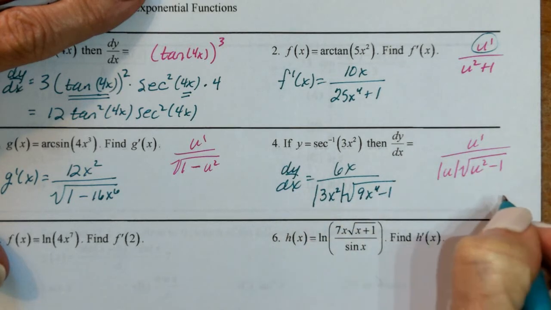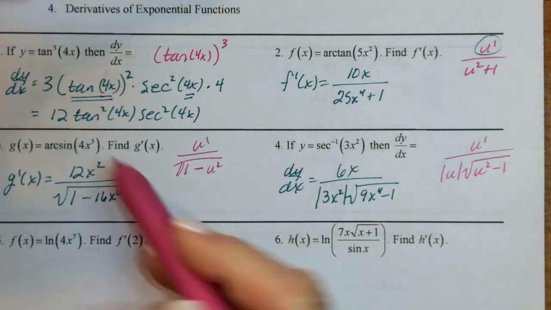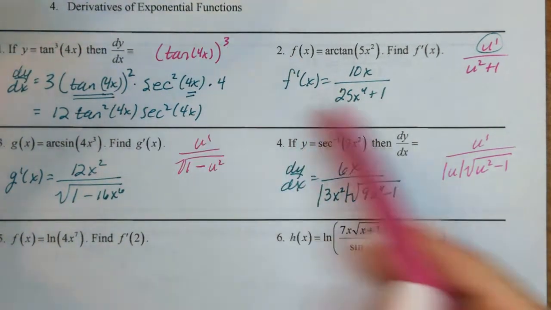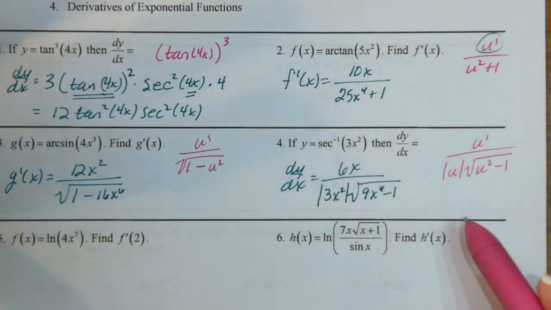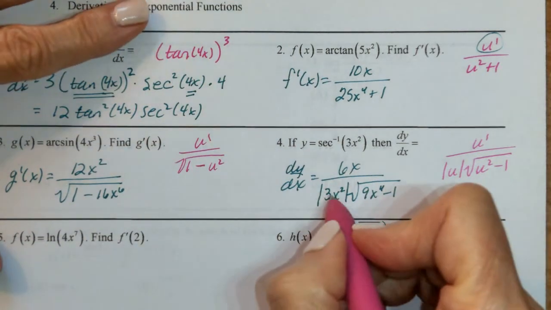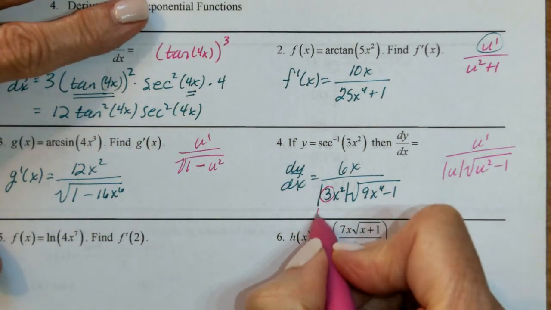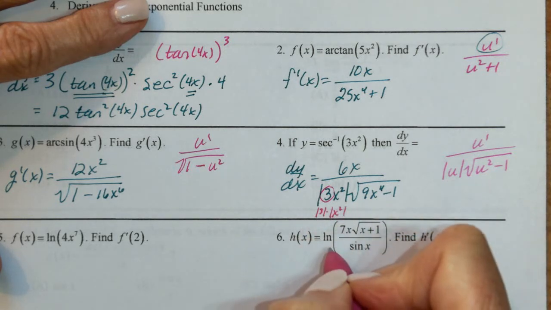minus 1. Now, we can simplify this, and I won't be simplifying a lot of these, but these will be multiple choice questions on the AP exam, so you will need to simplify. So for this one, remember this is the absolute value of 3 times the absolute value of x squared, right?